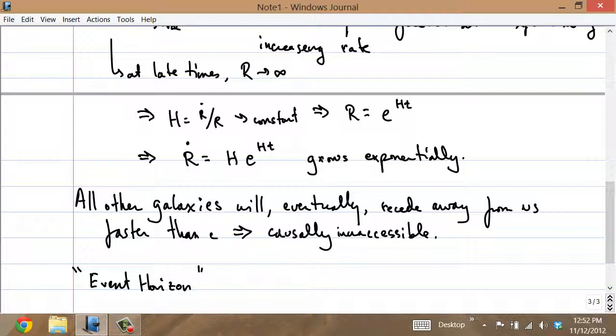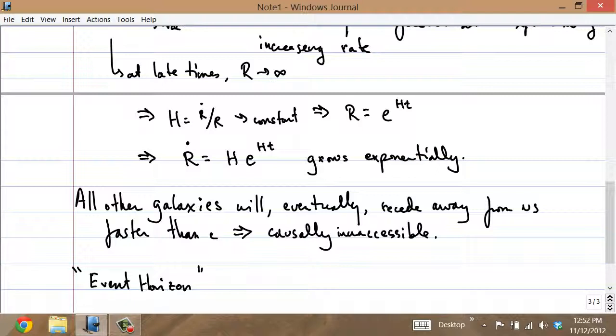I should mention, however, that whereas the other galaxies will be receding away from us at speeds exceeding the speed of light, everything within our own galaxy is gravitationally bound together. Okay? And remember, the model that we developed for the expansion of the universe assumed that everything was homogeneously distributed.